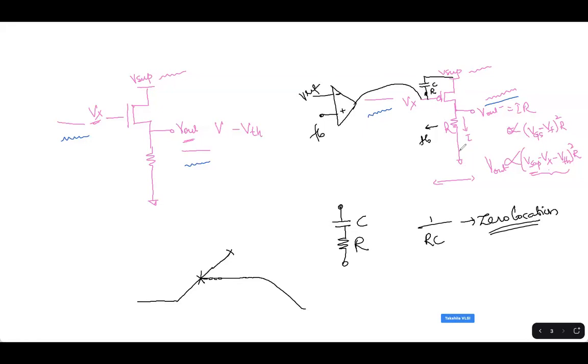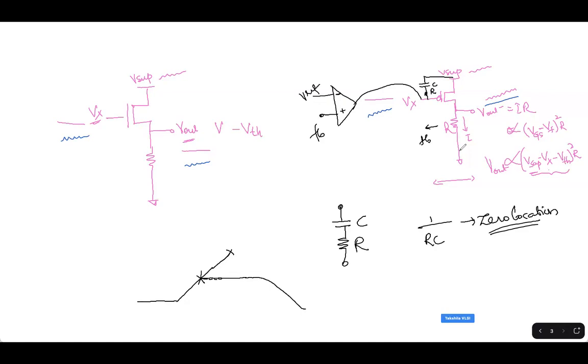Now, looking at this, we use a 5T OTA. The 5T OTA output is supposed to have noise. We want noise at Vx. How much is the question? Anyways, we want to have noise at Vx. Can we do something?